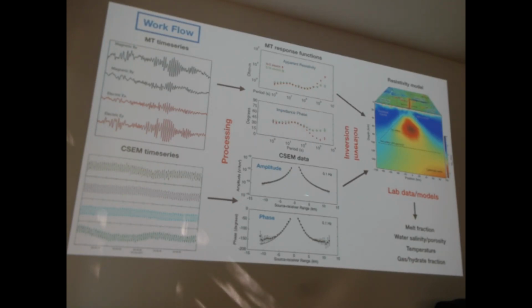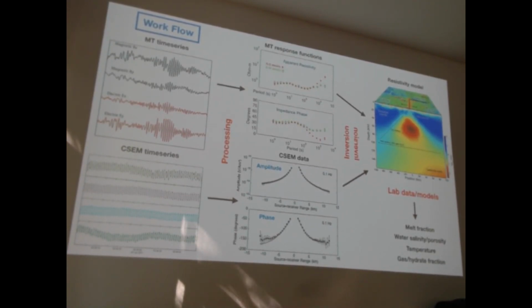Or in CSEM, you get amplitude and phases as a function of position, distance away from your transmitter. These are the things you measure, what we normally call EM data, and then you use a method called inversion to turn these data into a conductivity picture of the sort that I've been showing you.